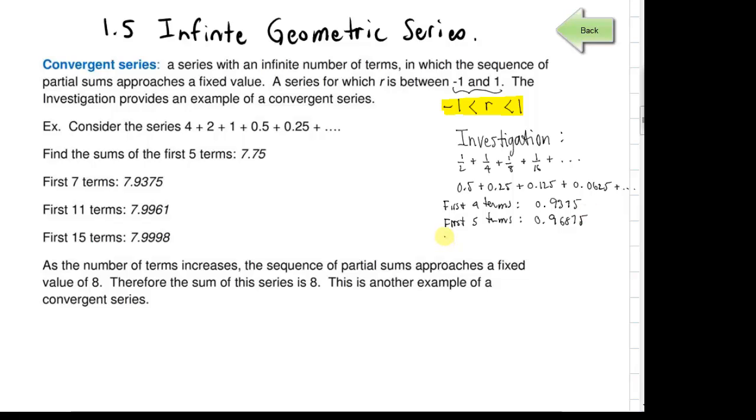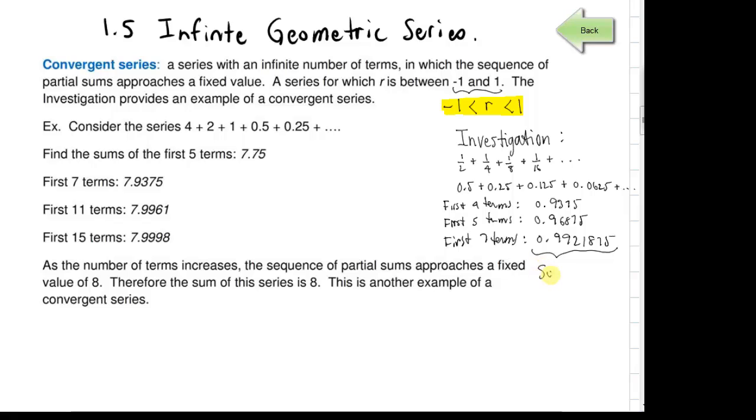Then the first 7 terms I worked out to be 0.9921875. So ask yourself, what number are we approaching here? Hopefully you're thinking that we're approaching 1, and the answer is yes if you got that.